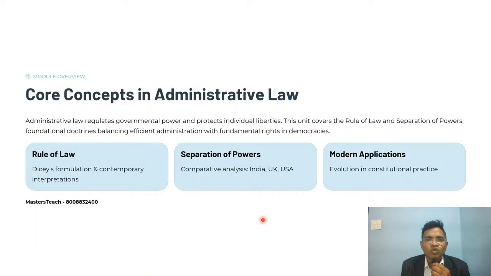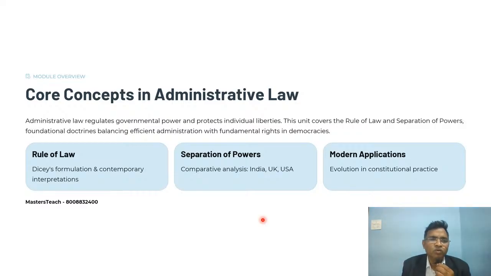Okay, the core concepts of administrative law. Administrative law regulates government powers and protects individual liberties. In this unit, we are going to cover rule of law and separation of powers, the foundational doctrines balancing efficient administration with fundamental rights in democracies.